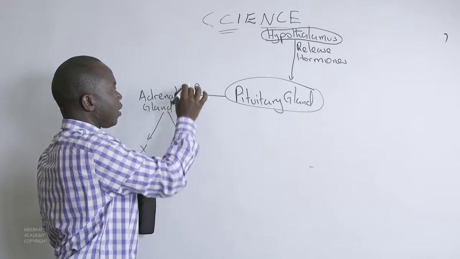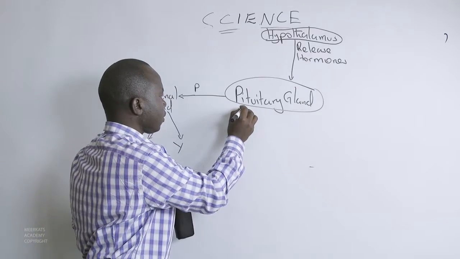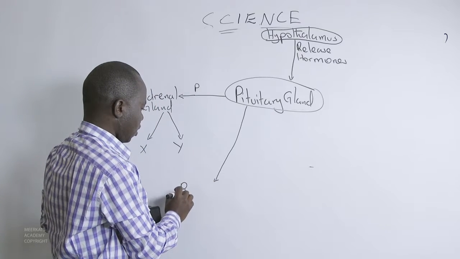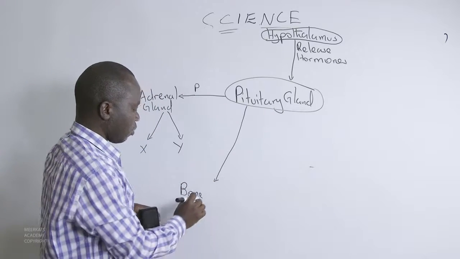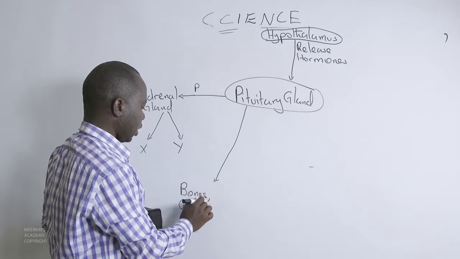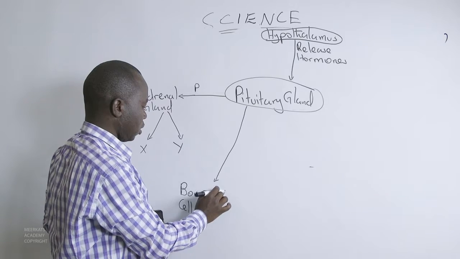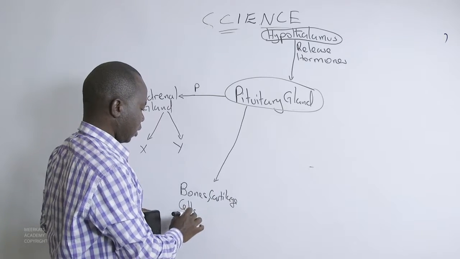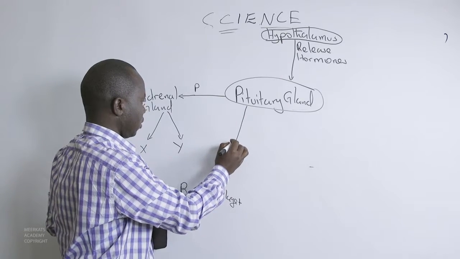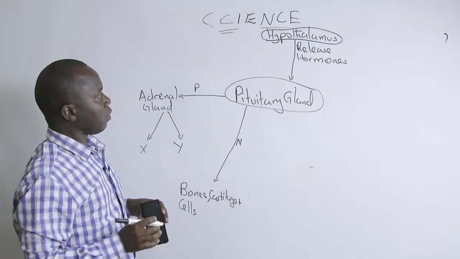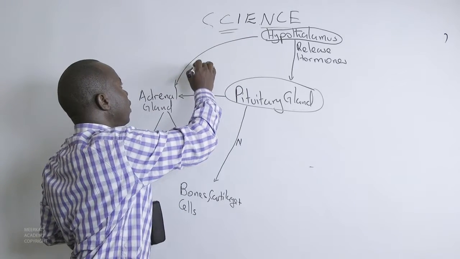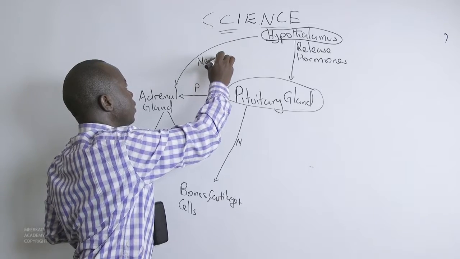We shall label it as P. We have a hormone here that acts on bones, cartilage, and cells. You'll give me the name of that hormone. Nerve impulse.